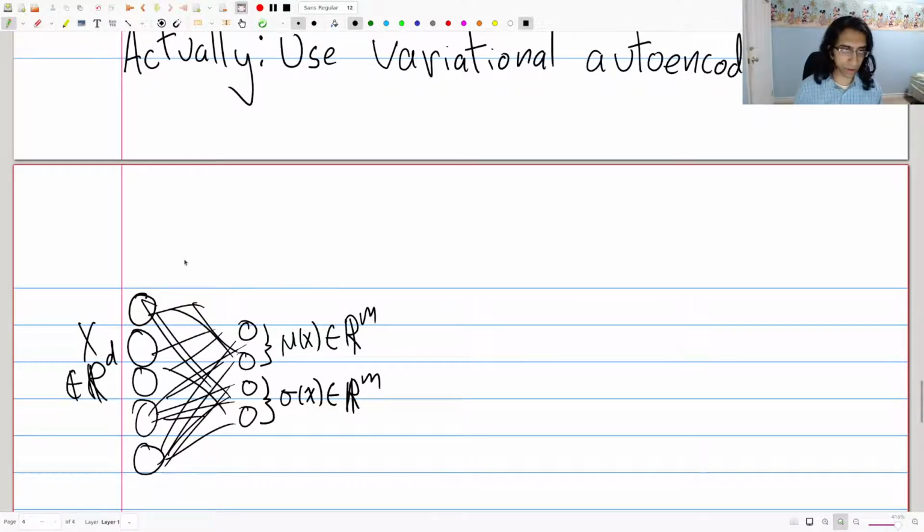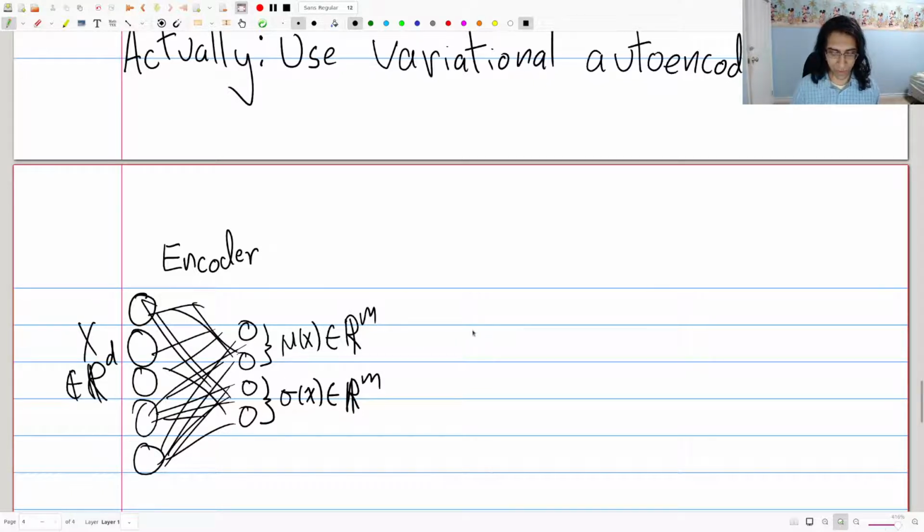And this is the encoder. This is a bit different than what we did before, in the sense that before we just mapped to some representation. What we're doing now is we're going to map to the parameters of a probability distribution representation. So the hidden representation of any point will now be a distribution, and these are the parameters of that distribution. So that's the encoder.